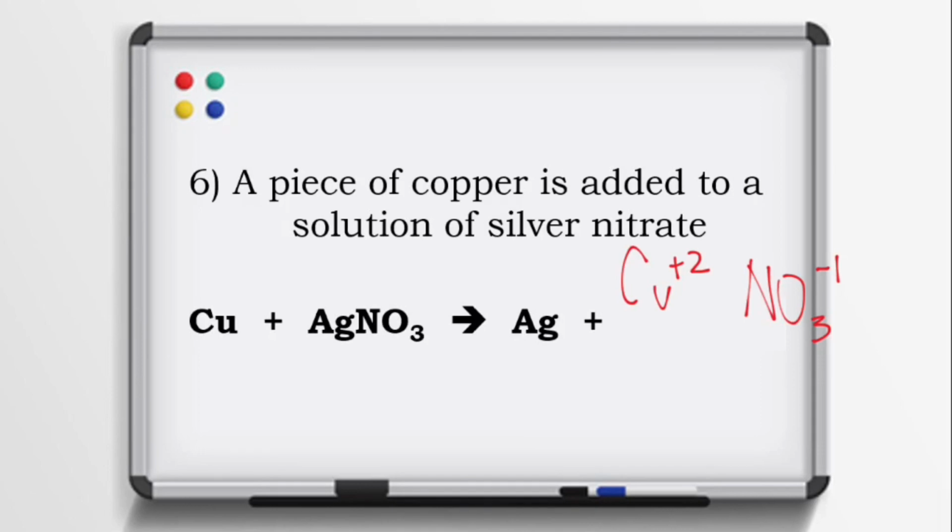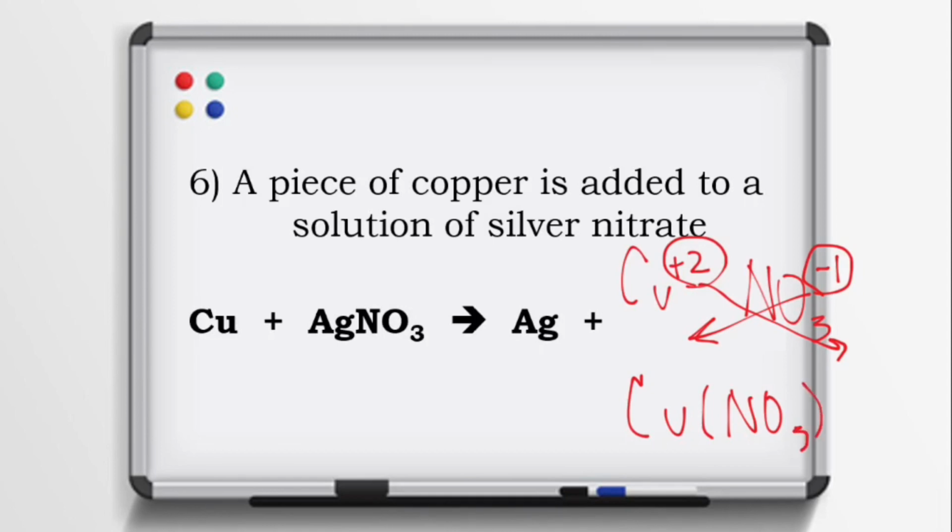But in this situation, that -1 and this +2 aren't going to cancel out 1 to 1. We're going to have to cross, drop, reduce here, and that's going to get us copper nitrate, copper(II) nitrate to be specific, and that 2 is going to be crossing over onto the nitrate, which means we're going to have to put those parentheses around the outside of it.